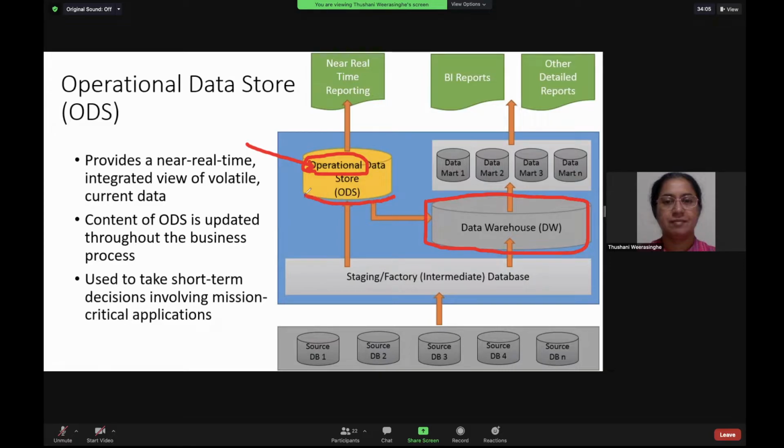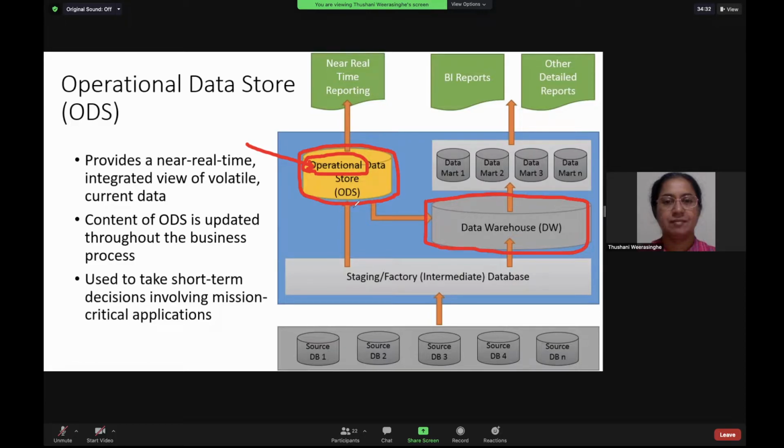Why? Because then we can easily find problems in the current data, what is happening right now. People want to know about it: the banking sector, sales and marketing, because people are using a lot of credit cards for buying and purchasing. So we need an operational data store for that. That's what we call it.